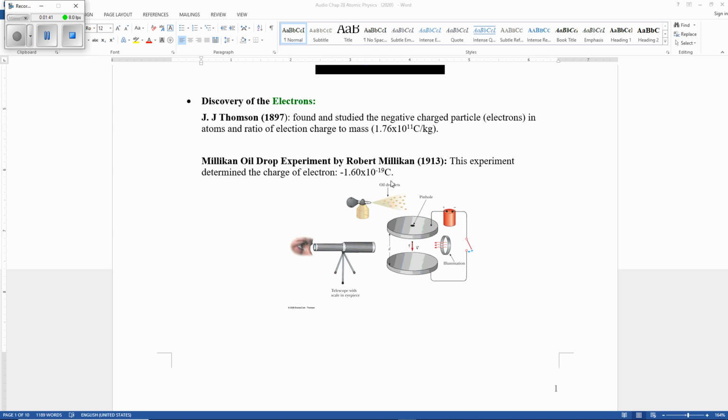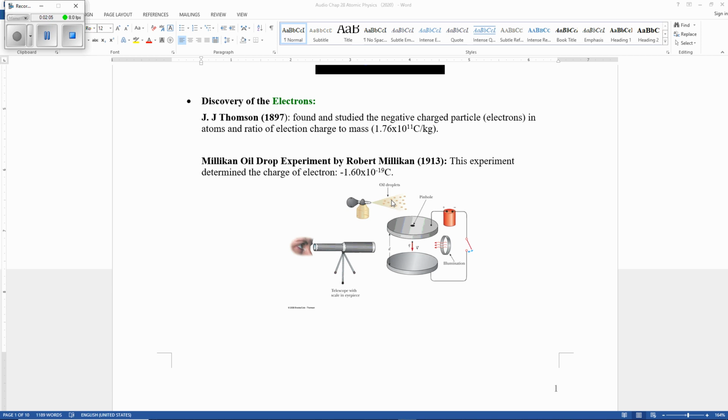Every droplet has almost the same mass, the same weight. When they come out, they collide with each other. Some catch electrons, some lose electrons. So let's concentrate on the one that catches electrons. It becomes negative charge, right?